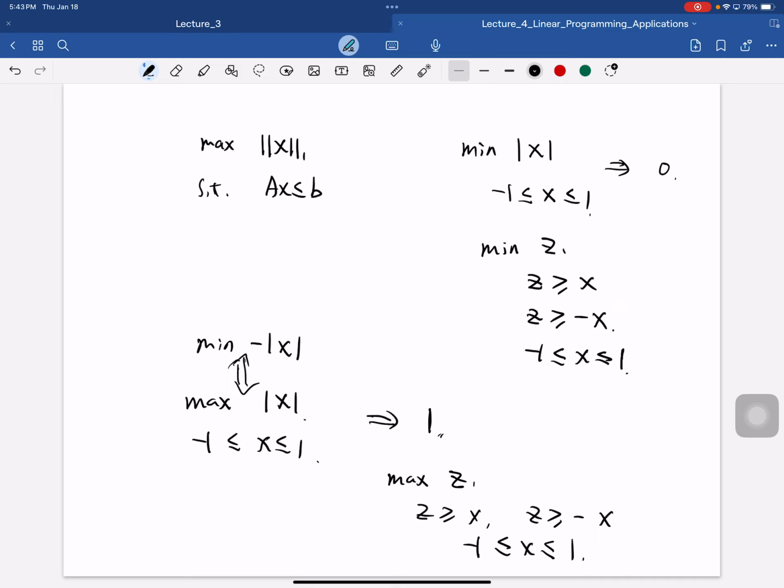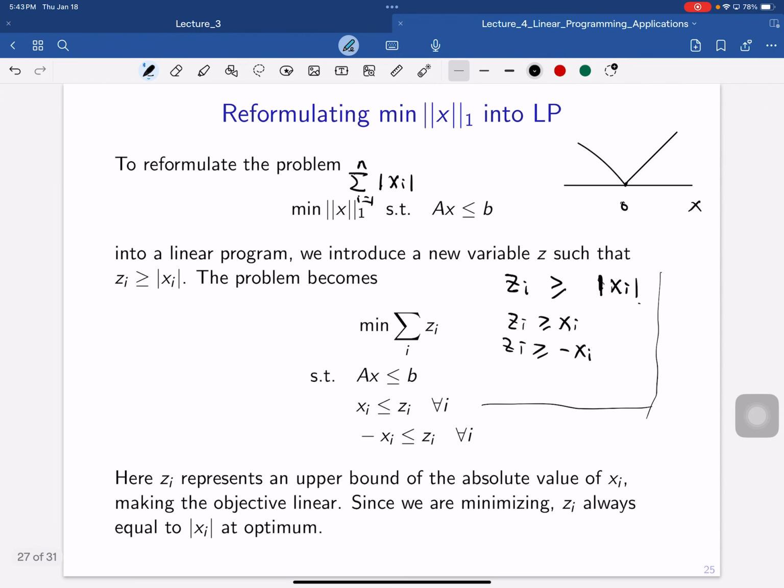What's the optimal value to this problem? It will be infinity, because you are maximizing and z is unconstrained. And there is another way you can see it doesn't work, if you take a look at the function of the one norm.